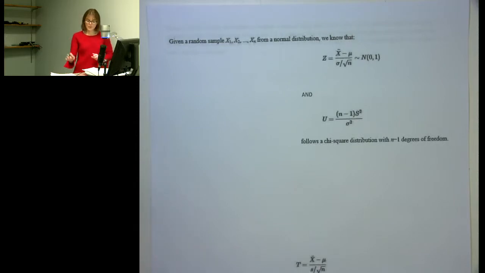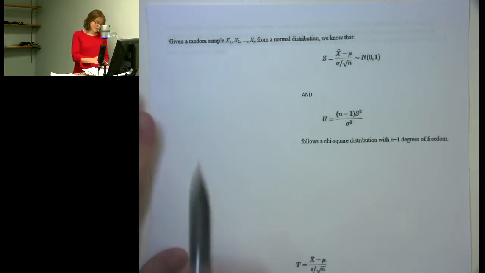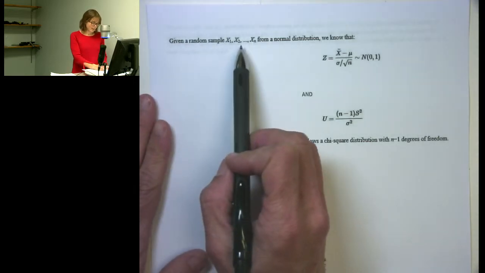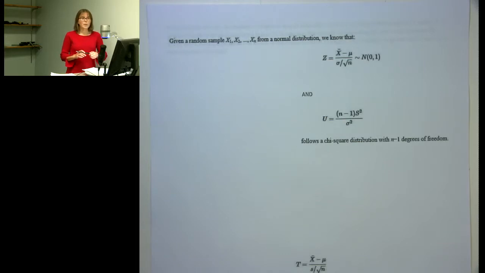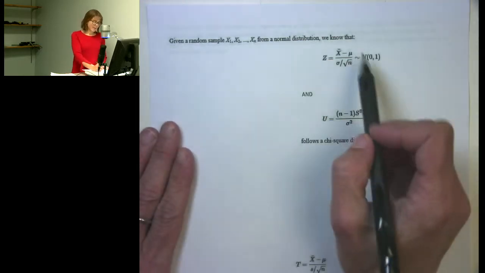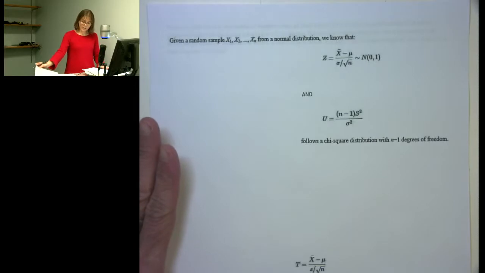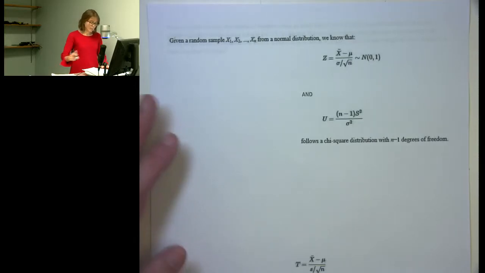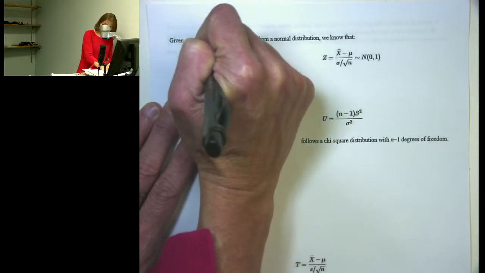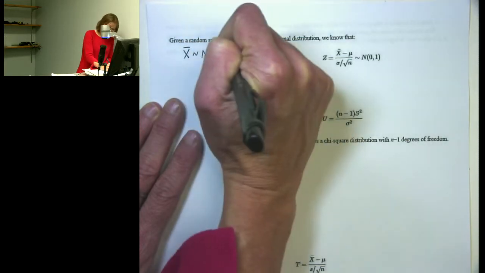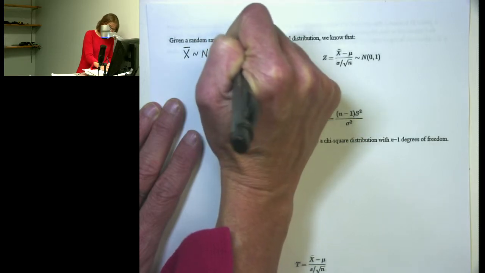Now, we're going to use that theorem and that definition together to learn about an important statistic that's used in inferential statistics. Given a random sample, x1, x2, up through xn, from a normal distribution, we already know that the sample mean, x bar, has a normal distribution with a mean of mu and a variance of sigma squared over n.